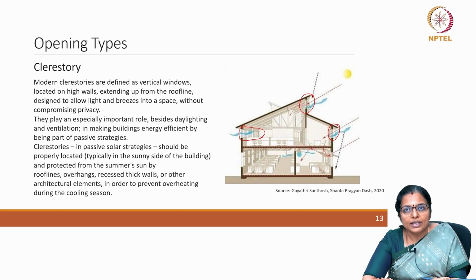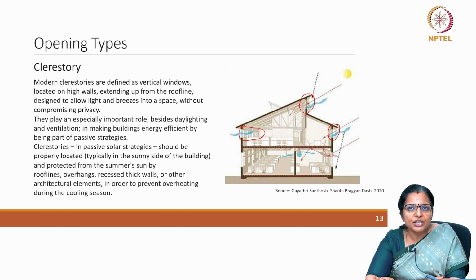Modern clear stories are defined as vertical windows which are located on high walls and they extend up from the roof line. They are designed to allow light and breezes into the space without compromising on privacy.